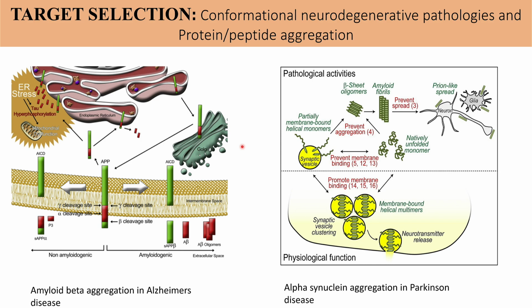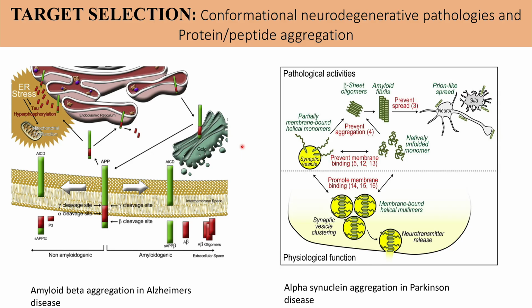But you have already gone through the process of Alzheimer's and Parkinson's disease. Alan has shown you many different pathways of these diseases. I will just quickly revise it. In Alzheimer's disease, we have APP, amyloid precursor protein, which is a transmembrane protein present in the membrane.